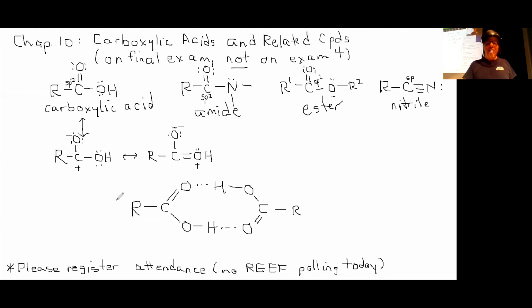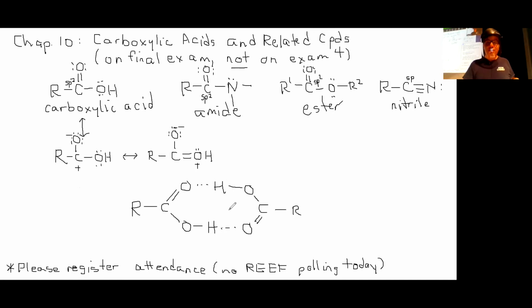The only time they're not going to do that is if R is really huge. You know, if this is 15, 20, 30 carbons, if this is some fatty acid, for example, then the molecules are not going to be able to approach each other closely enough to make this happen. But certainly small to medium-sized carboxylic acids can undergo this type of hydrogen bonding. And so as a result, we've heard this same song many times this term.